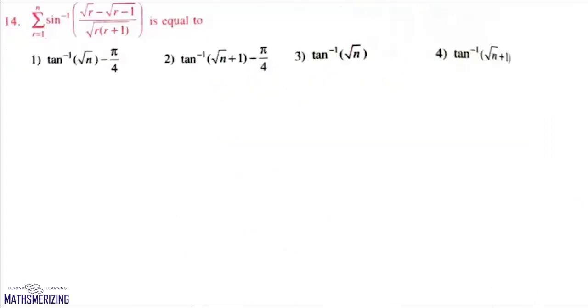Now here the question is, we need to find the sum of this series, which is summation r varies from 1 to n sin inverse (under root r minus 1 upon under root r plus 1). So our general term is sin inverse ((under root r minus under root r minus 1) upon under root r plus 1).